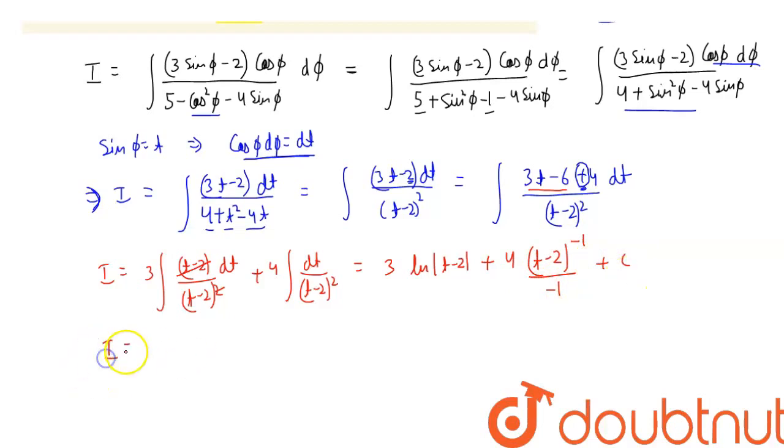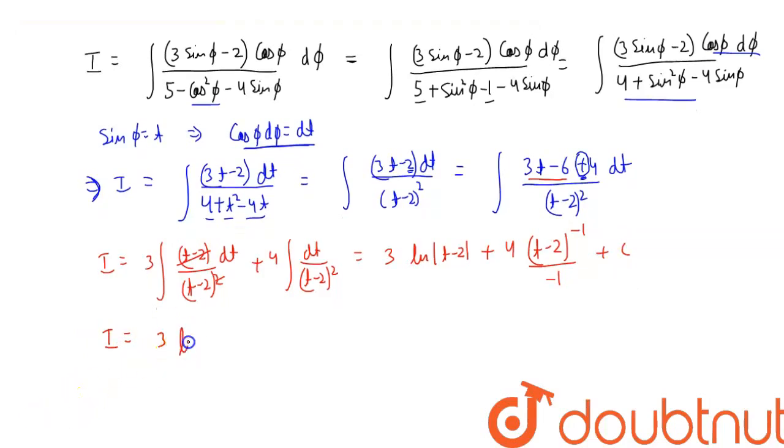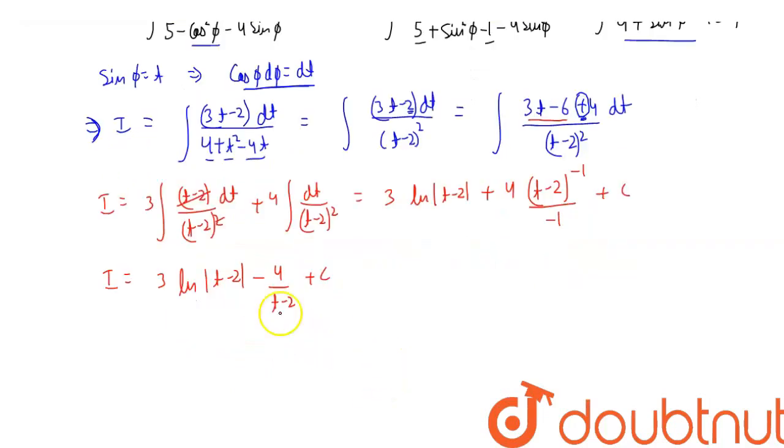If we solve this side, then we get the value of I as 3 times the logarithm of t minus 2, and here we have the minus, so this minus comes here, and 4 times, in the denominator we get this t minus 2, plus c. Now for solving this, we are going to resubstitute the value of t. We substituted t equal to sin phi, so we are going to resubstitute it.